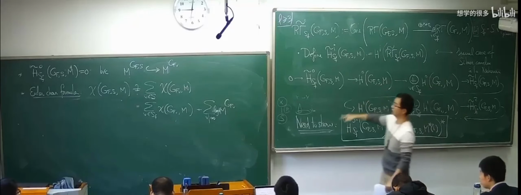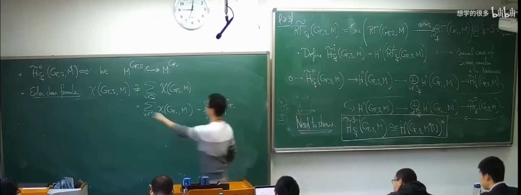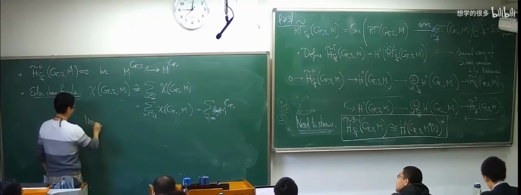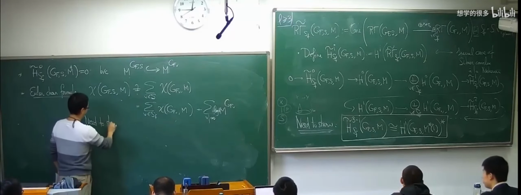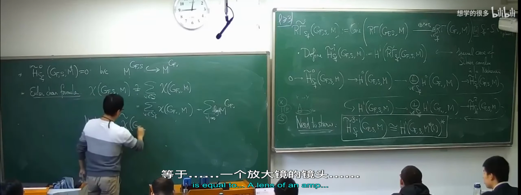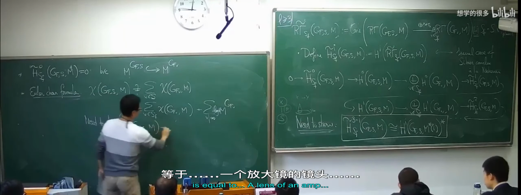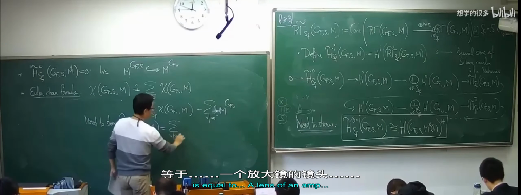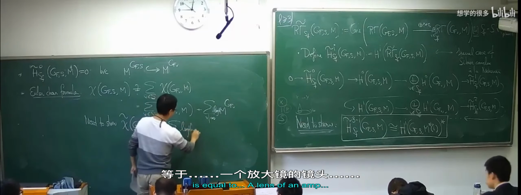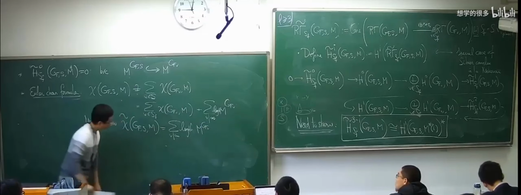So I need to show somehow that chi tilde of GFS M is equal to the length of M. So that's all I need to show for the Euler characteristic.